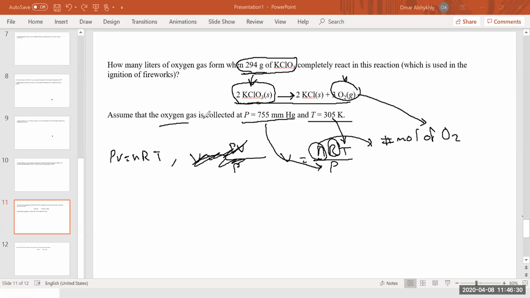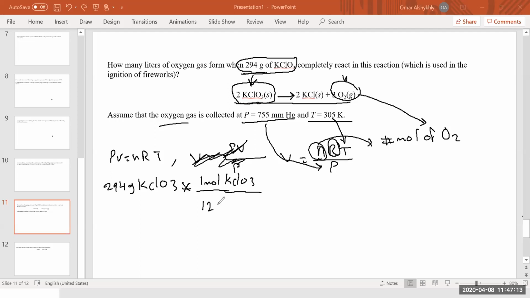So here, we will start with 294 gram KClO3. We will convert it to mole using 1 mole KClO3 divided by the molar mass of KClO3. KClO3 will be potassium 39, chlorine 35.5, plus oxygen, approximately 122.5.